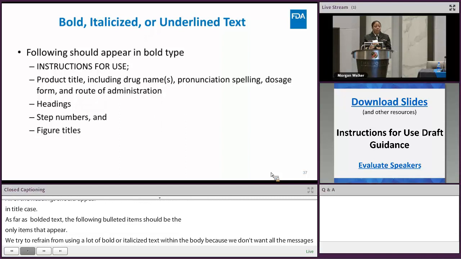Other than that, we recommend refraining from it and keeping the following items in bold so that patients can easily find the information they're looking for within the IFU document.